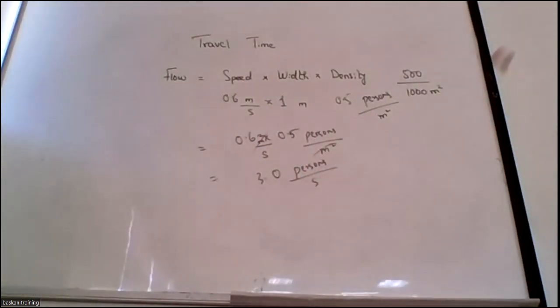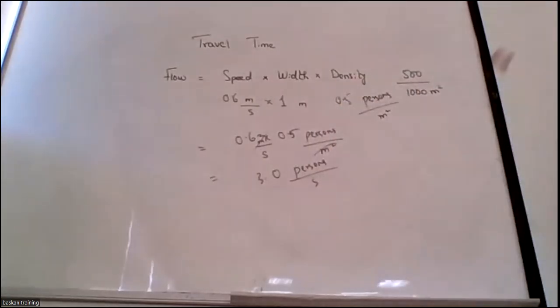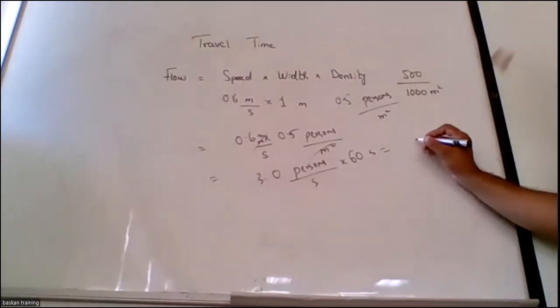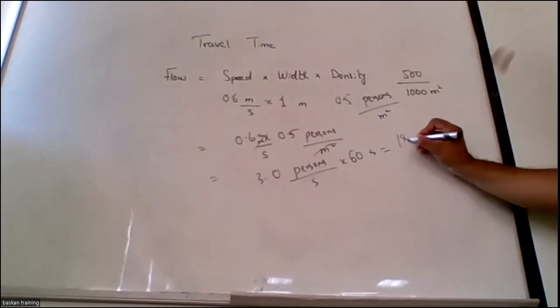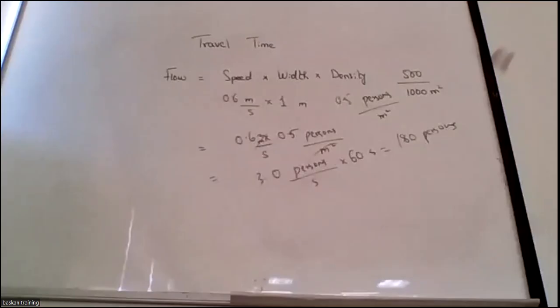Then I can say this is 3 persons per second. Now, in 60 seconds, how many persons can evacuate? It's 180 persons can evacuate from an occupancy.